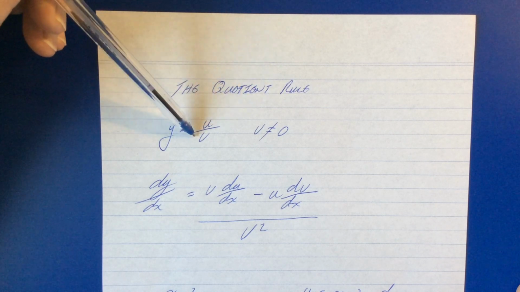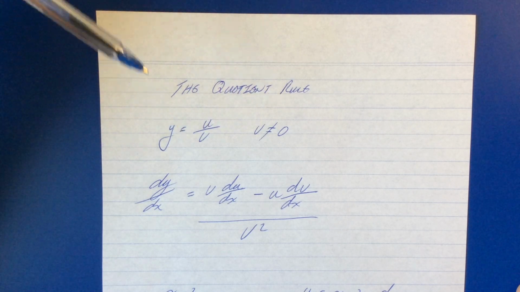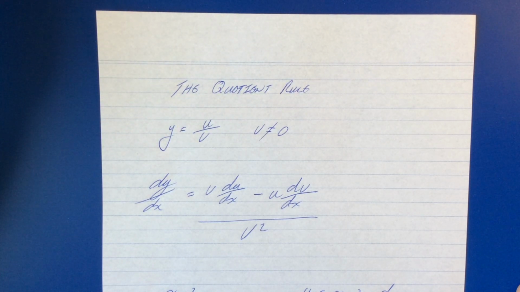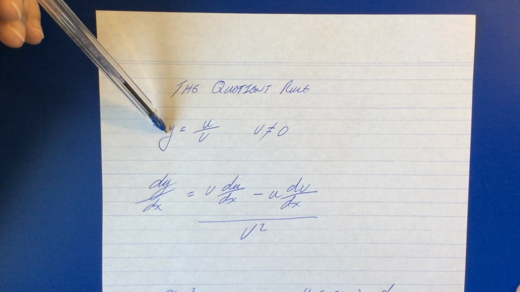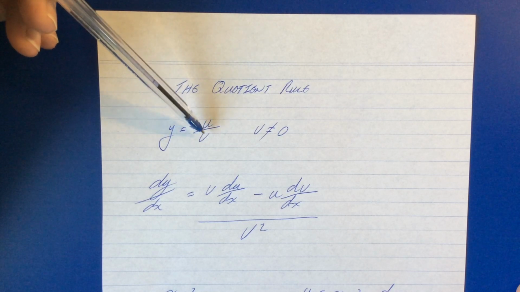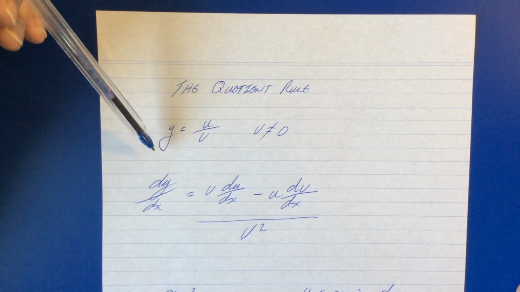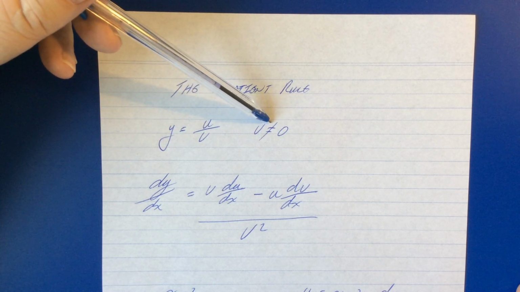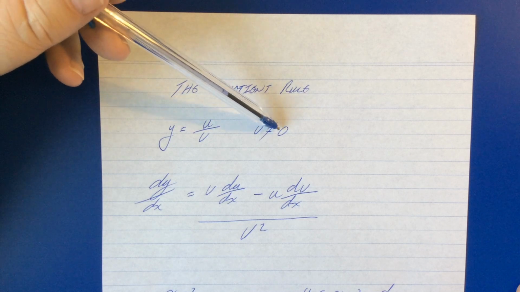We'll say one expression divided by another, and there's no sort of easy resolution of that. It is the case where we have expression u divided by expression v, and we are looking for the derivative of that. An essential element here is that v cannot equal 0.